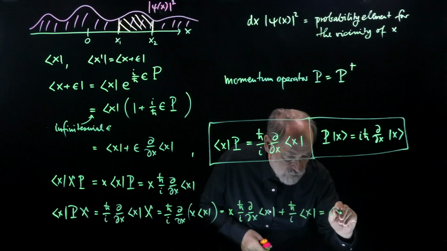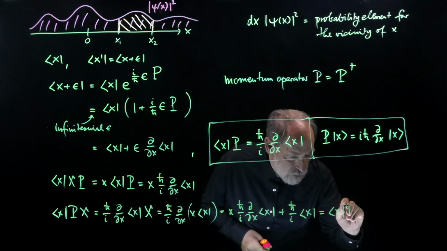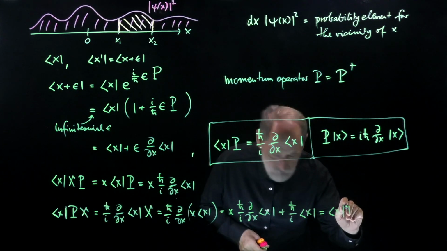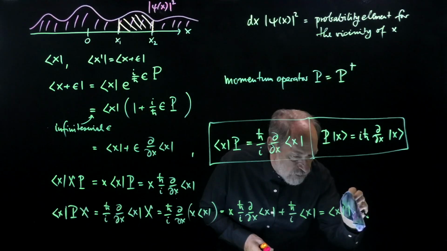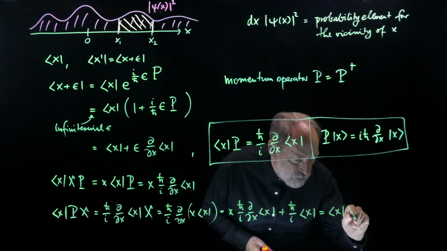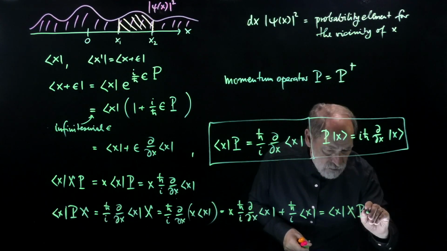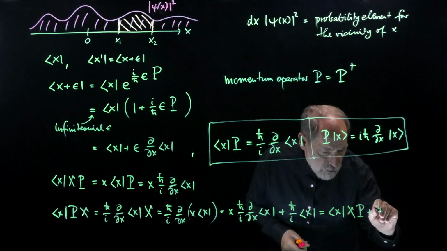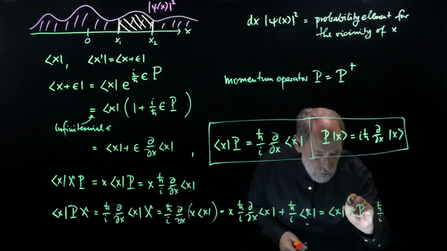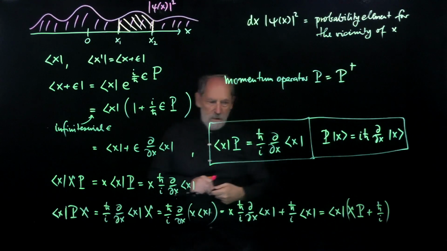So here we have x and then p applied to the bra at x, followed by applying p plus h bar divided by i times the identity applied to x.